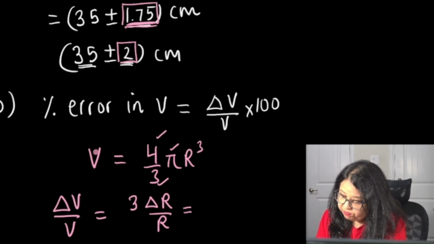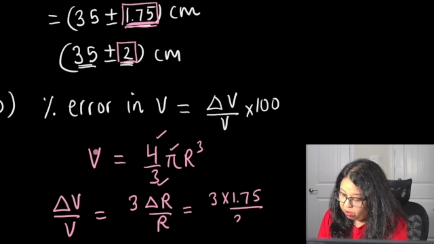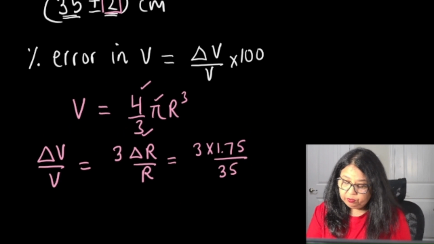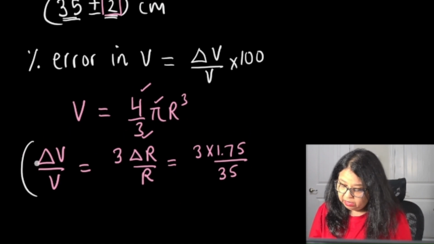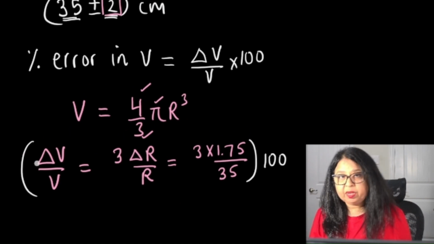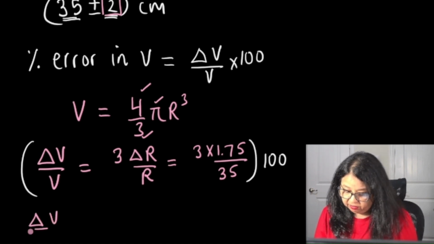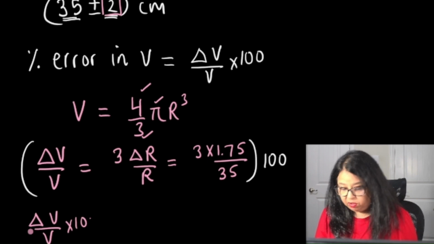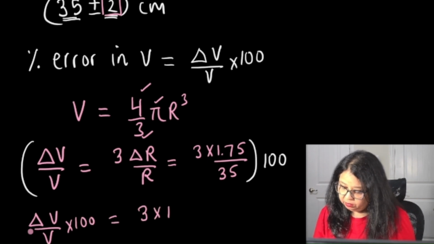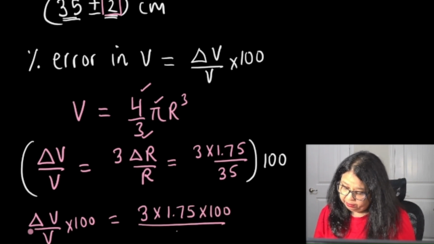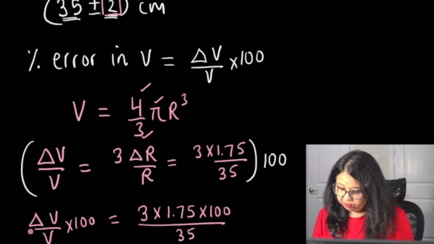We already know the value of delta R to be 1.75 and R is 35. Now to get the percentage error in volume, let's multiply this by 100. What does this give us? On the left hand side, percentage error in the volume equals, on the right hand side we get 3 times 1.75 times 100 divided by 35.